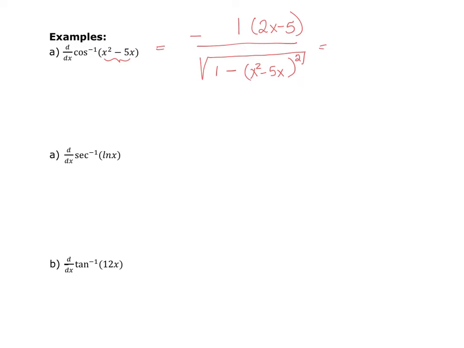So our final result would be the negative of 2x minus 5 over the square root of 1 minus x squared minus 5x, squared.